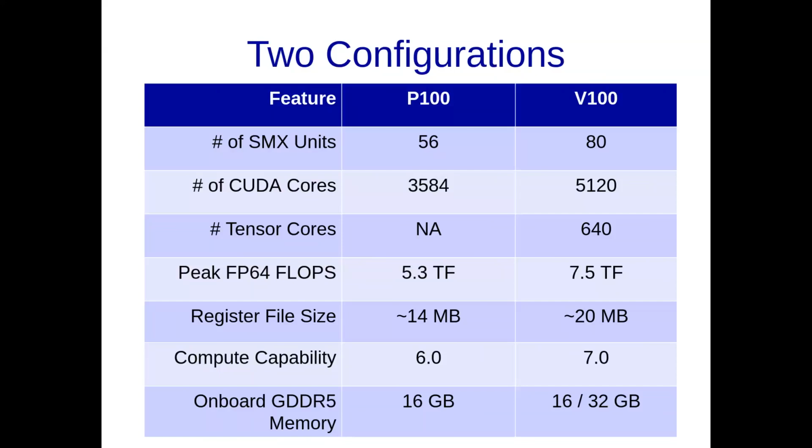The hardware is very different across these, and the Volta GPU is the later family than the Pascal, and therefore the number of hardware units, typically the amount of performance that you can achieve, number of cores, etc., is going to be much larger in the Volta GPU. So I'm just showing these two typical configurations.